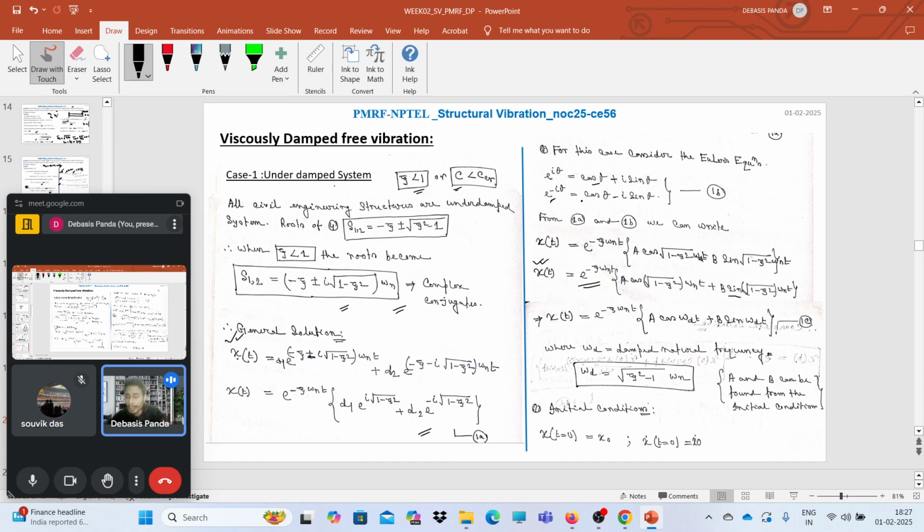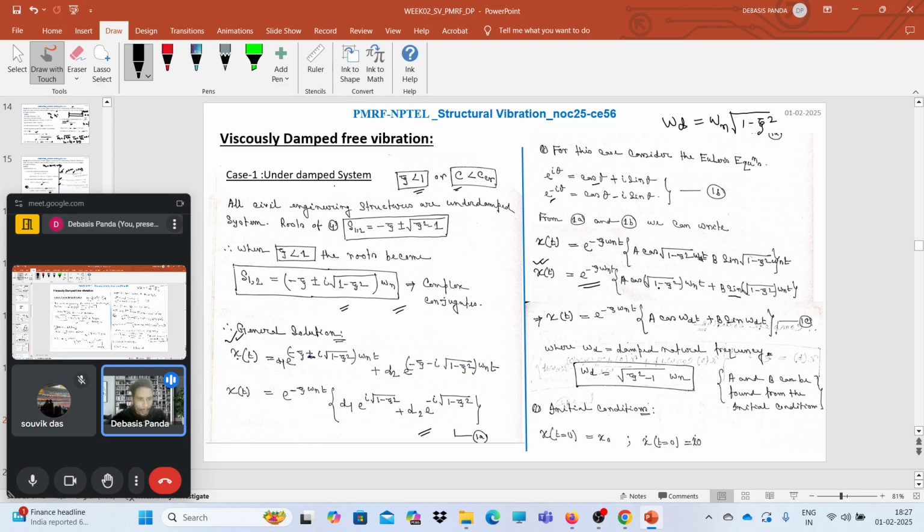Here the damping is present, so we define the natural frequency as the damped natural frequency, omega d. The relation between the damped natural frequency and the natural frequency is omega d equals omega n under root of 1 minus zeta square, where zeta is the damping ratio.